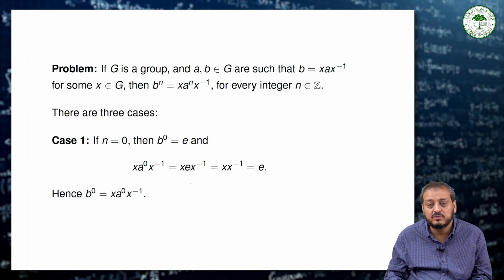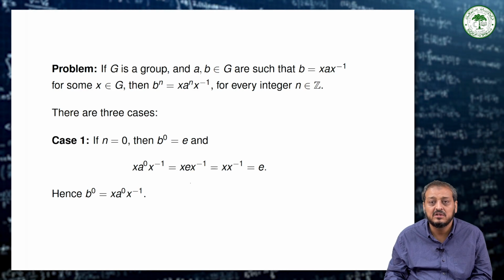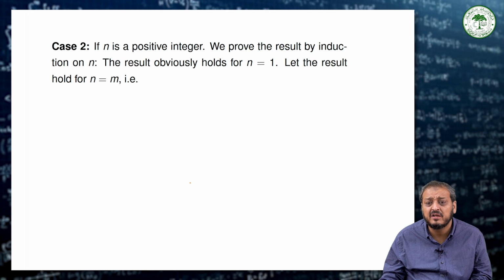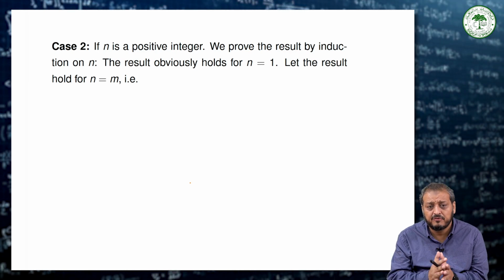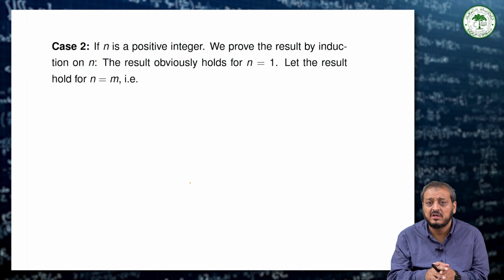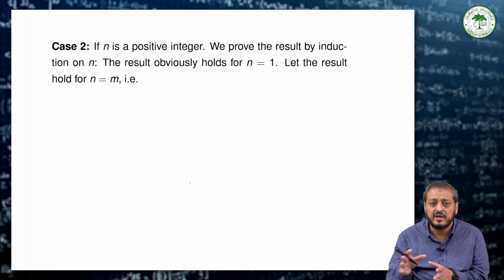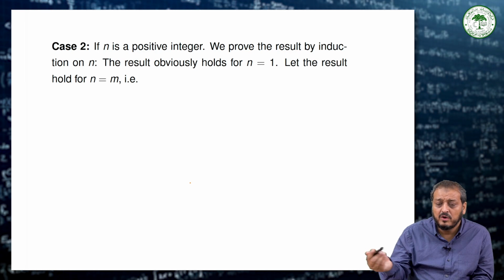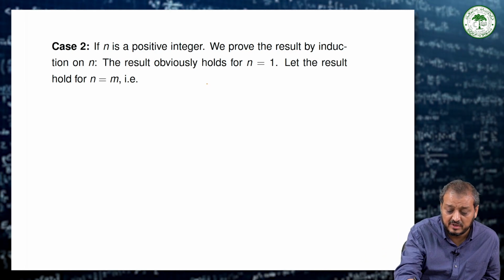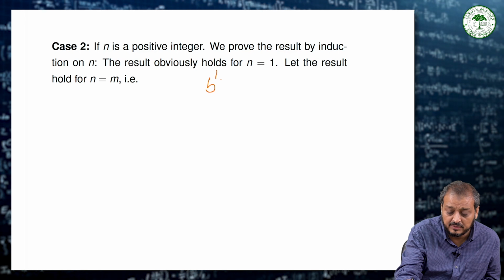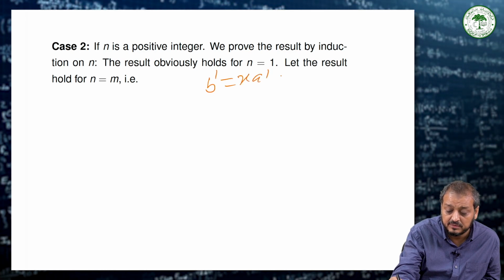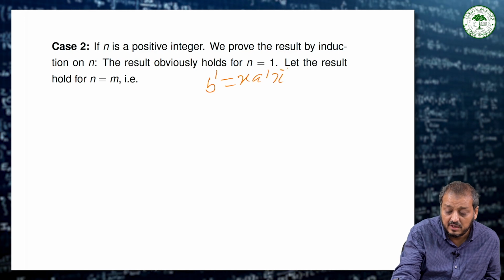Now we discuss the case n greater than 0, where n is a positive integer. For a positive integer we prove the result by induction on n. The result holds for n equal to 1, obviously: b to the power 1 is the same as x a to the power 1 x inverse.